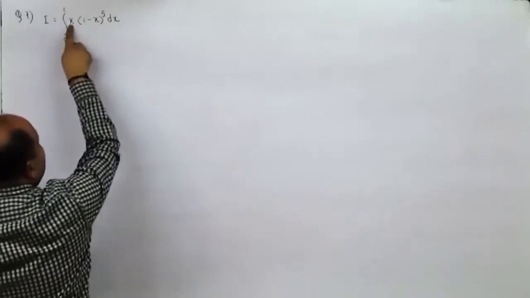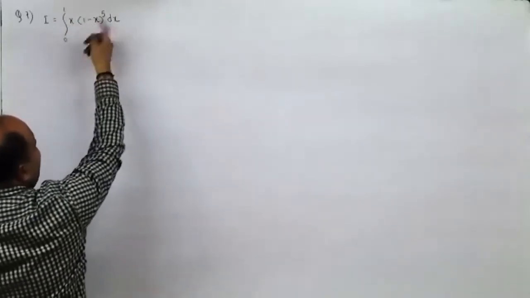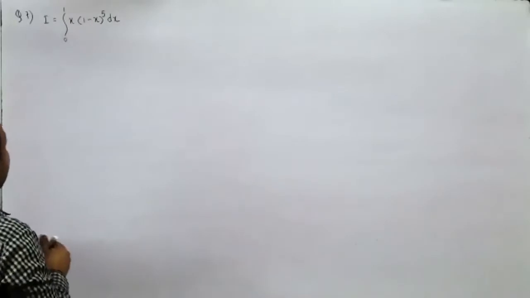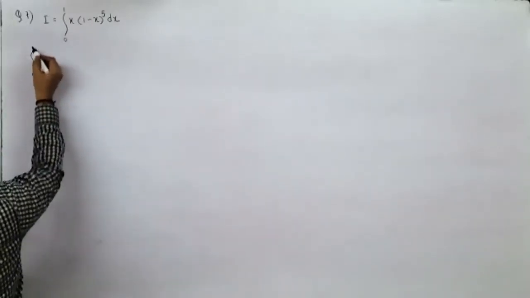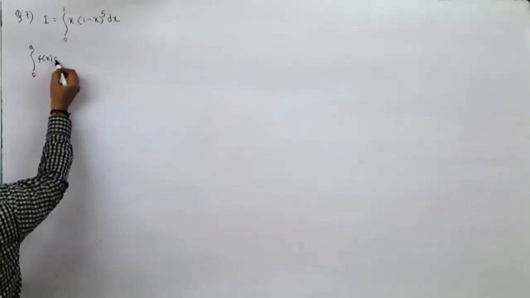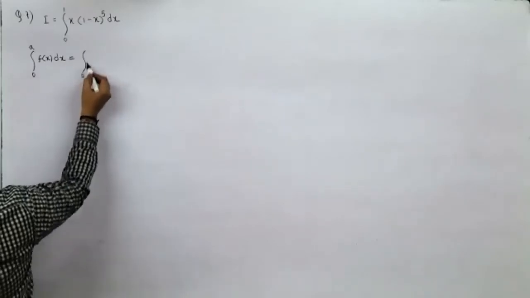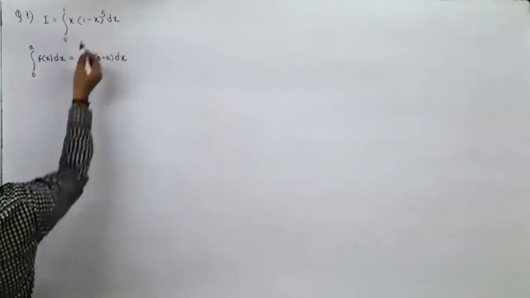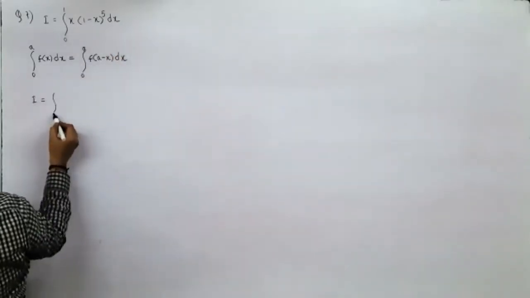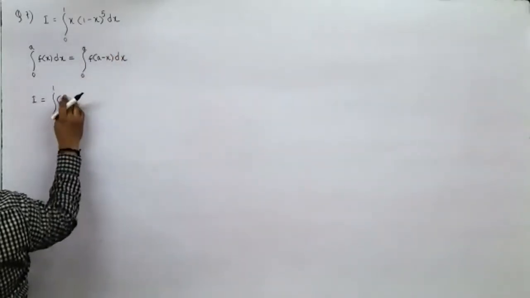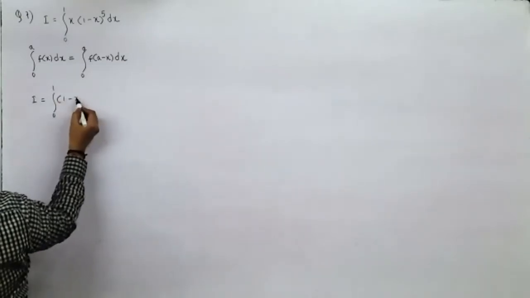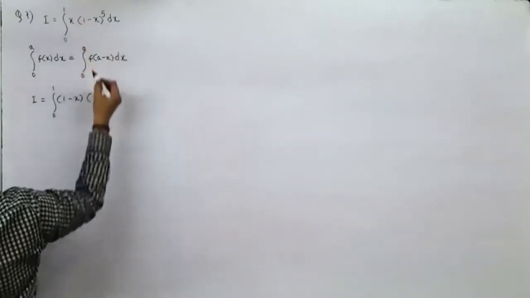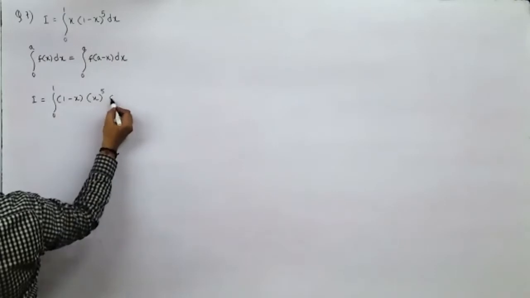Again, I'll take this as 1 minus x, this would be x, and then I'll multiply. So, this would be what? When I apply the property 0 to a f of x dx would be equal to 0 to a f of a minus x dx. So, this would become I equal to 0 to 1. This is 1 minus x, and this is 1 minus x, that is x raised to 5 dx.